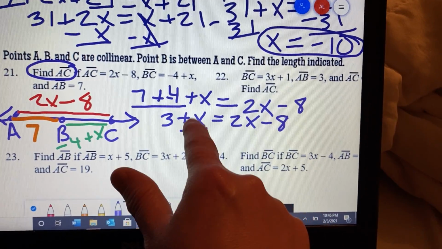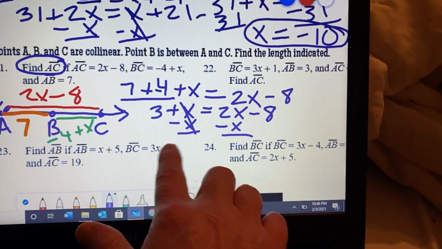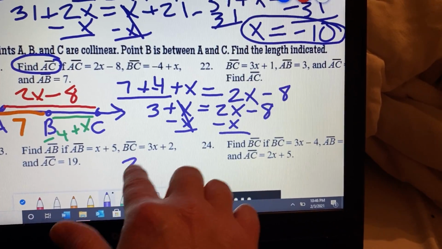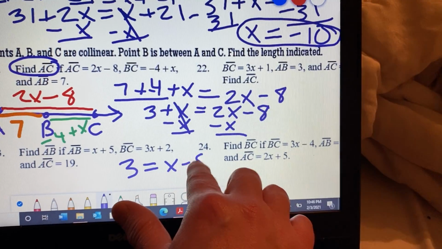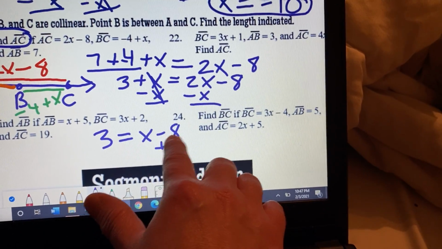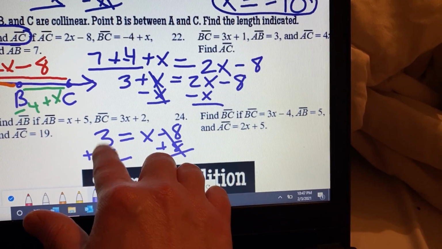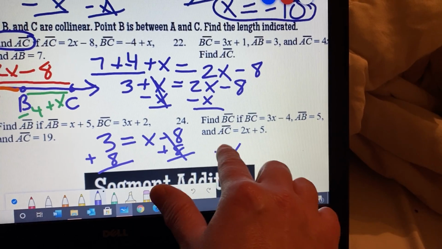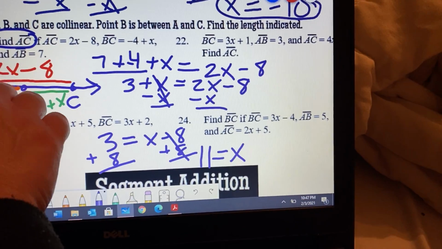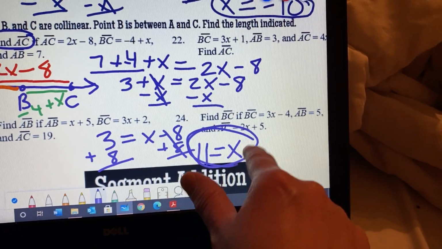And then I'll subtract x. I'm out of room. So we get 3 equals x minus 8. To get rid of the minus 8, we'll add 8. And 3 plus 8 is 11. So x equals 11.